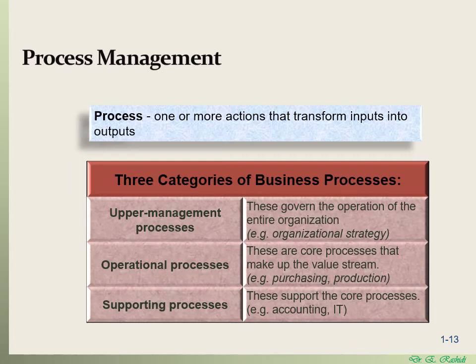There are three categories of business processes. We have upper management processes, which govern the operations of the entire organization, and these have to be in accordance with the organization's long-term strategy. Then we have the operational processes. These are core processes that make up the value stream, such as the purchasing processes or the production processes.